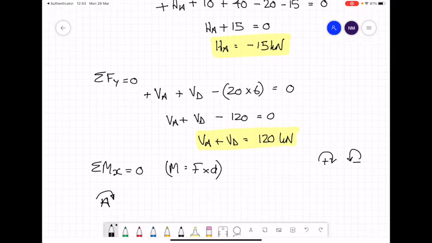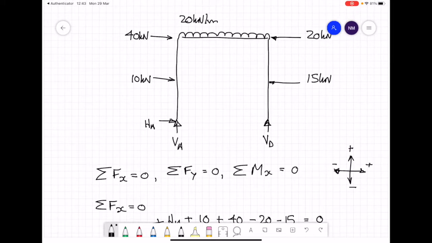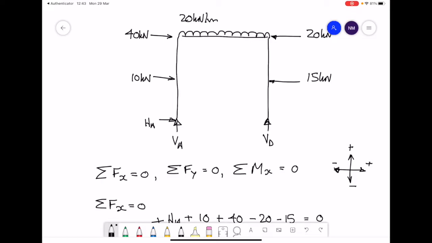Looking back at the diagram, here HA and VA are applied at point A. There's no offset distance, so those two reaction forces don't produce a moment. What does produce a moment are the other forces, the 10 kilonewtons, the 40 kilonewtons, the UDL, the 20 kilonewtons, the 15 kilonewtons, and VD. For each of these, we're going to work out the moment.